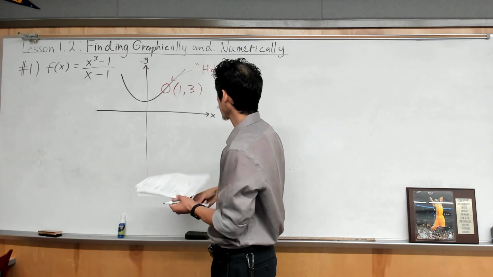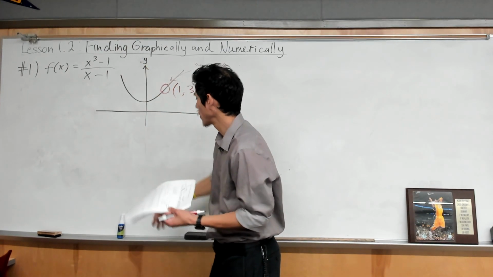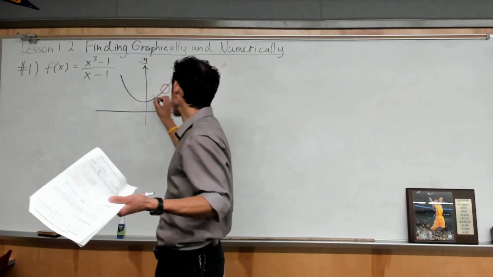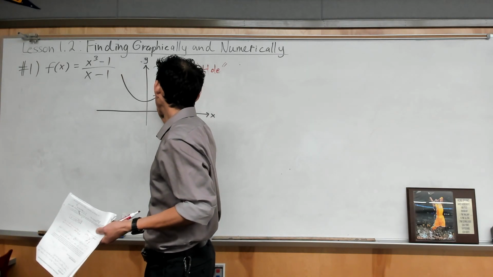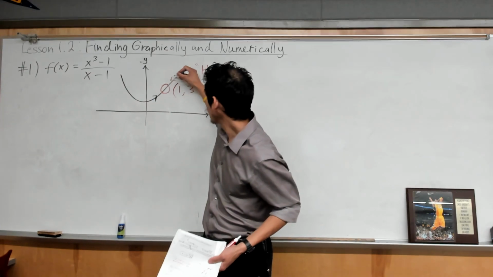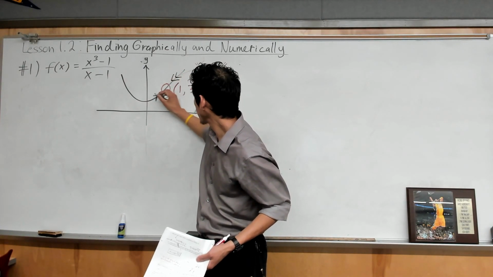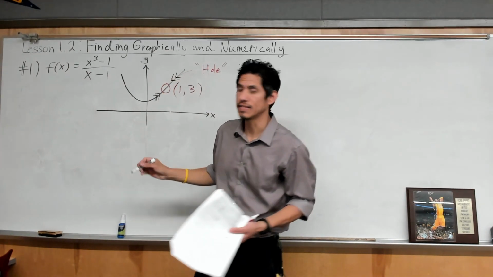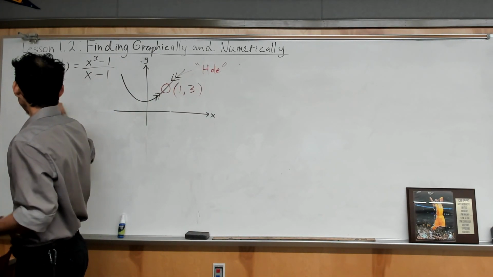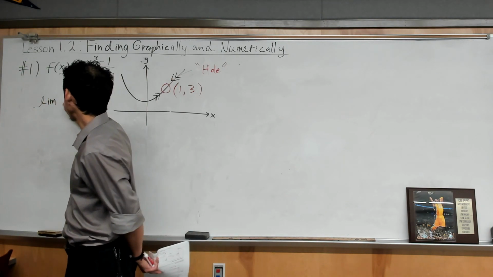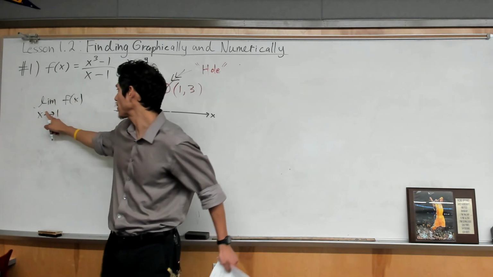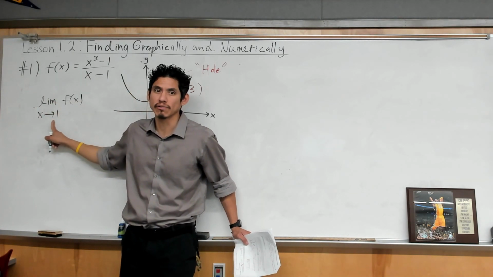Now, when we're talking about limits, let's say we want to understand what's going on as the graph approaches positive 1. We can approach it from the left side, or the negative side, or from the positive side. And so what we write is the limit, abbreviated LIM, of f of x as x approaches 1. Underneath the limit, we put x with an arrow towards 1.